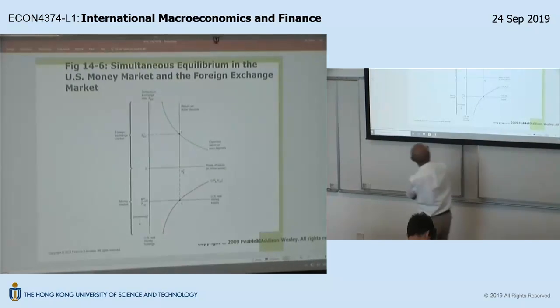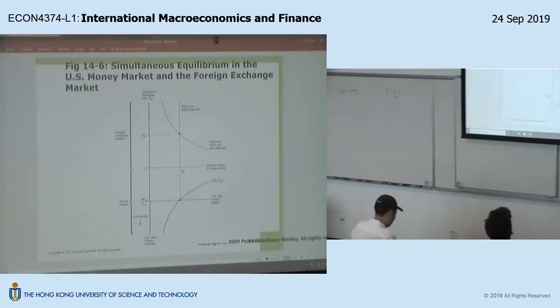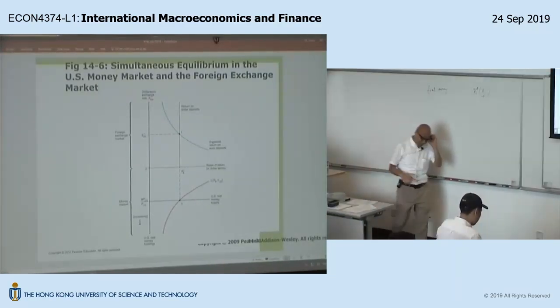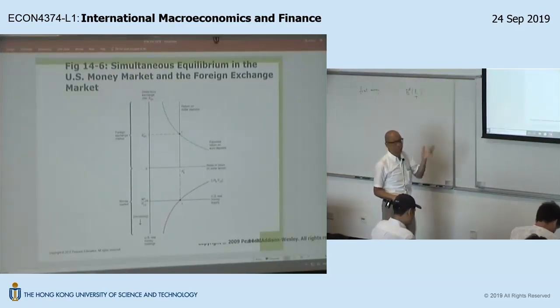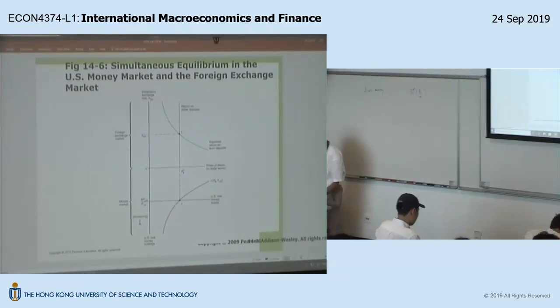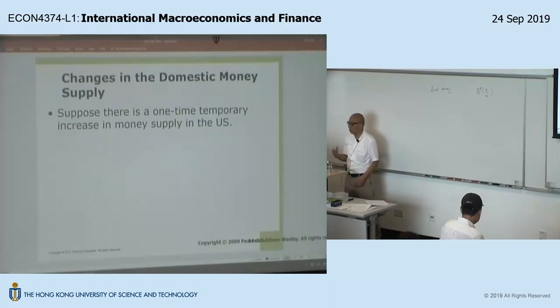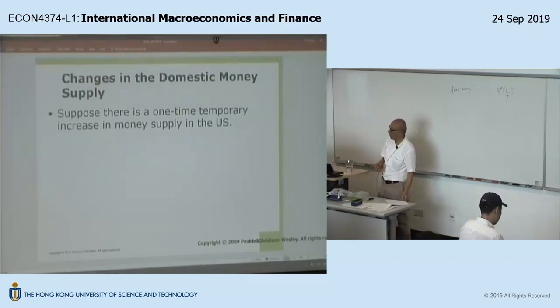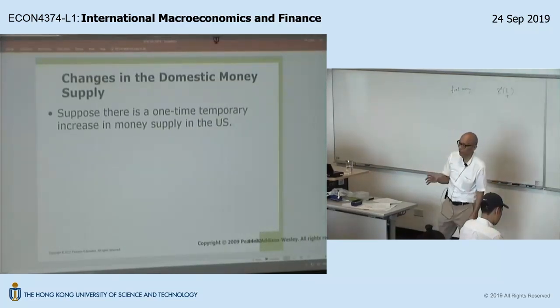Now then we can actually do some comparative statics. So for example, if you ask what happens when the U.S. money supply increases, we can do this kind of thought experiment. So suppose there is a one-time temporary increase in money supply in the U.S. What do we mean by temporary?